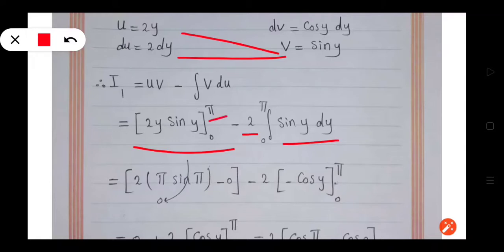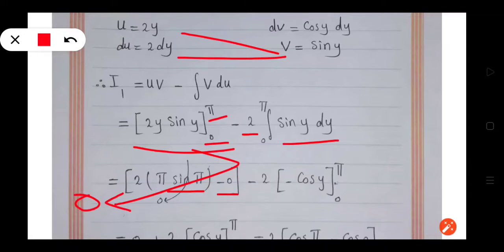Putting y once by pi, it equals pi sine pi, and the other time by 0, it equals 0. Also sine pi equals 0, so all these parts equal 0.